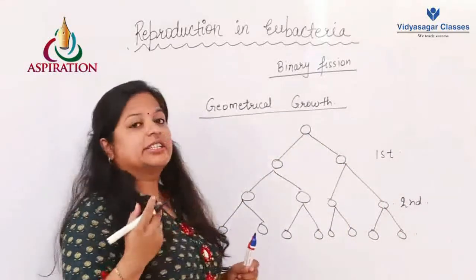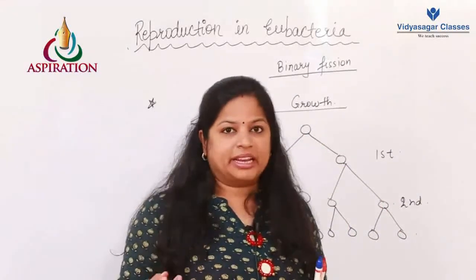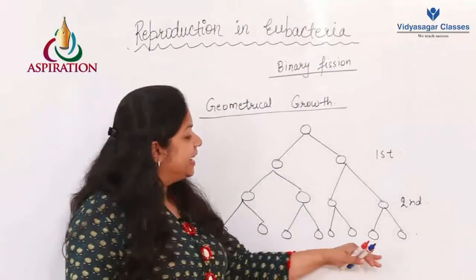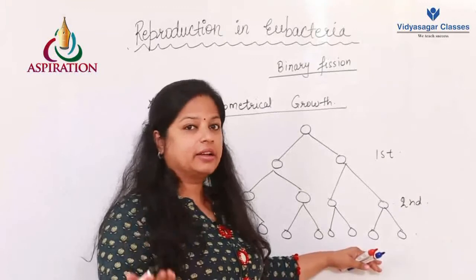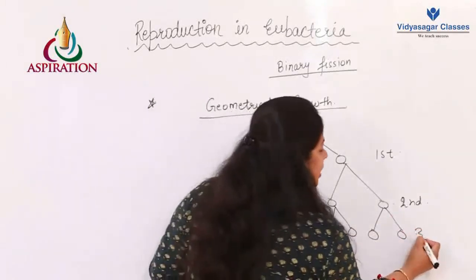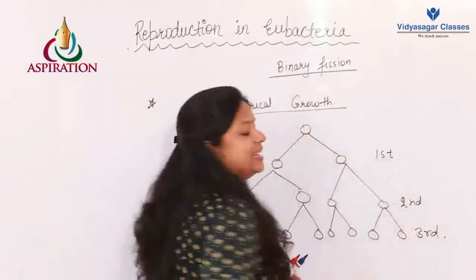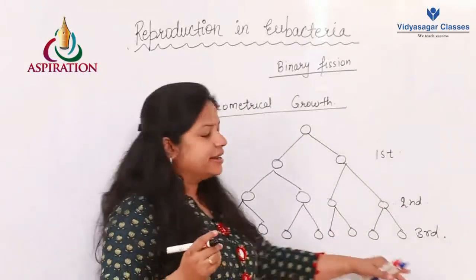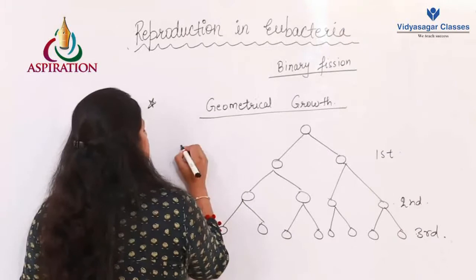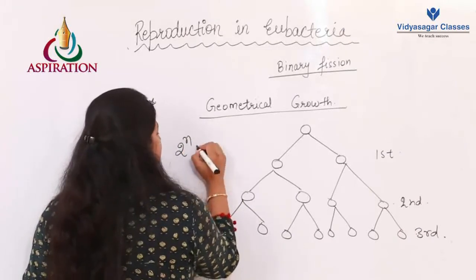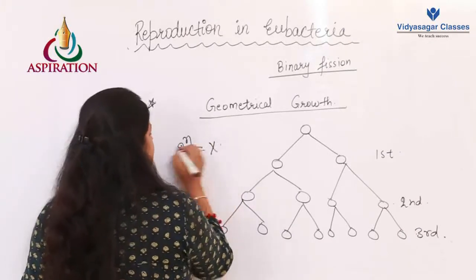So, if the question is asked in the examination that to get 8 bacteria, how many generations are required? It will come to 3 generations. There is a general formula to calculate that: 2 to the power n is equal to x.